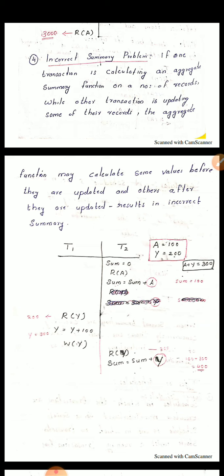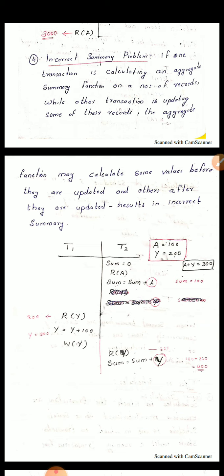We check. The T2 transaction sets sum equal to 0 and reads the database item A, whose value is 100, and sum becomes sum plus 100. So sum is 0 plus 100, which updates to 100. Now the sum value is 100.